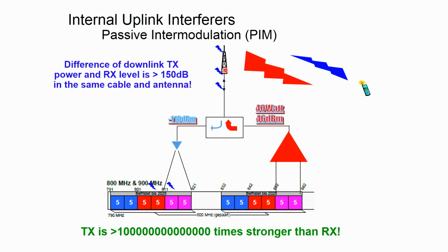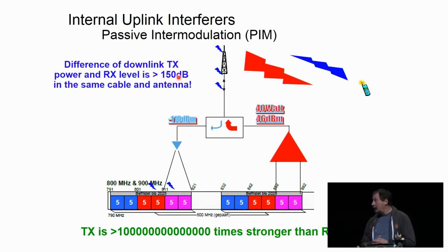Inside the same antenna, we have quite a high power downlink, and with the same antenna and the same cable, we receive very weak TX signal. There may be up to 150 decibel weaker. That's a number with 15 zeros.